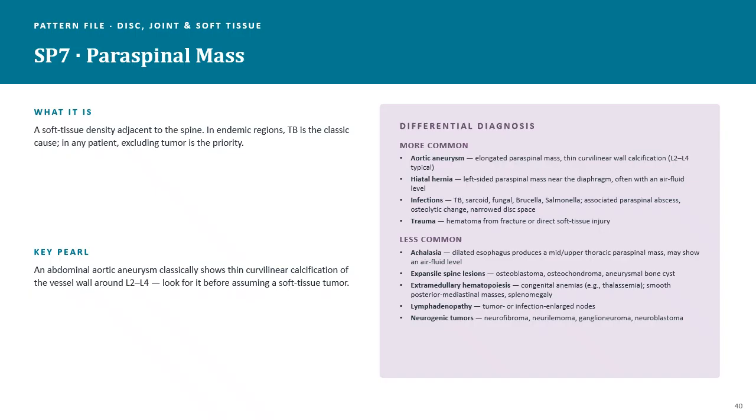So paraspinal basically means beside the spine. A mass plus damaged vertebrae or disc points us toward a tumor or maybe infection. A mass plus trauma might be a hematoma, or some sort of bleeding. If we're seeing calcification around L2 to L4, we might think of an aortic aneurysm, an abdominal aortic aneurysm to be specific.